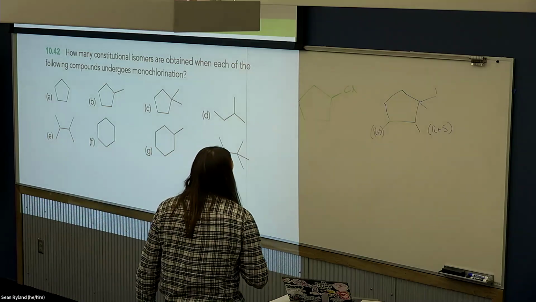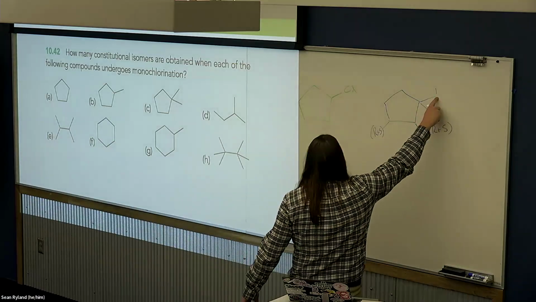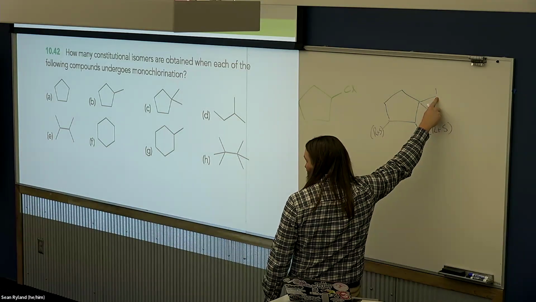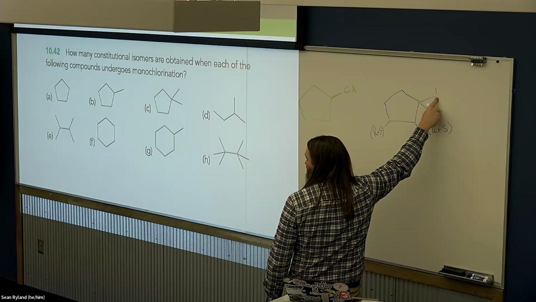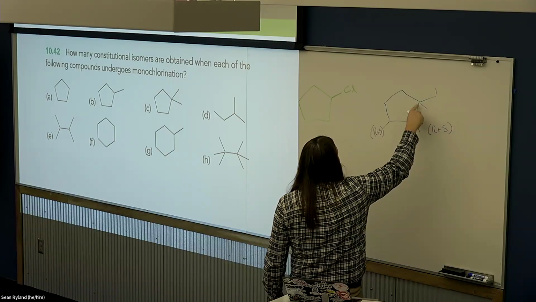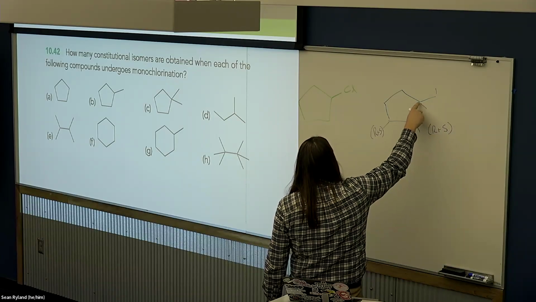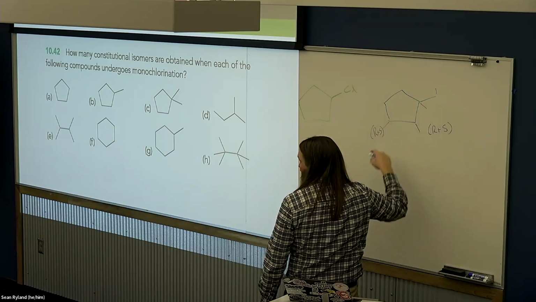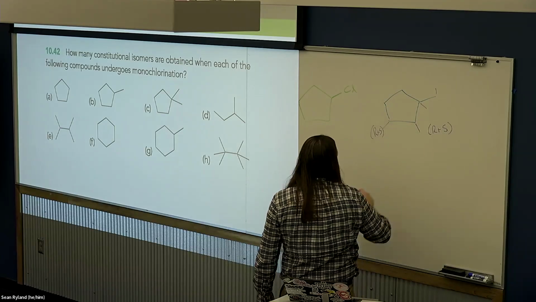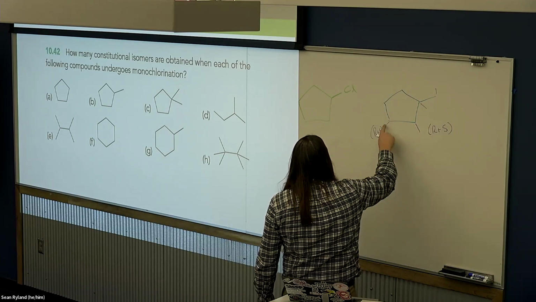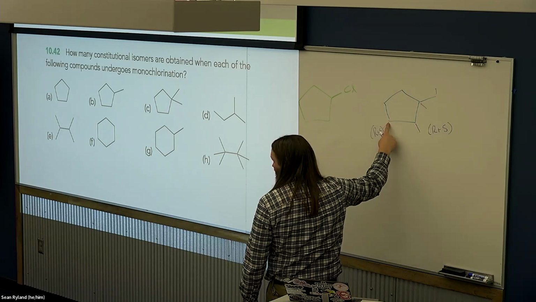So which ones have an R and an S? That spot doesn't have an R and an S because you got 2 hydrogens that are symmetrical, right? That doesn't have an R and an S because both directions around the ring would be symmetrical. These 2 positions, though, each are going to have an R and an S.